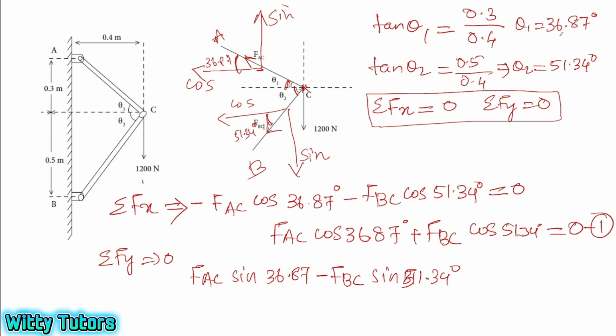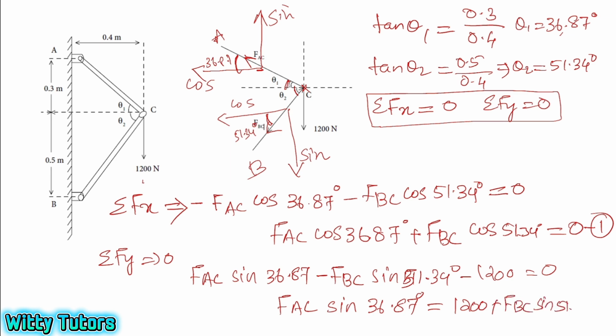It is in the downward direction, so minus 1200 equal to 0. Rearranging this equation, I can write FAC sine 36.87 degree is equal to 1200 plus FBC sine 51.34. This is my second equation.